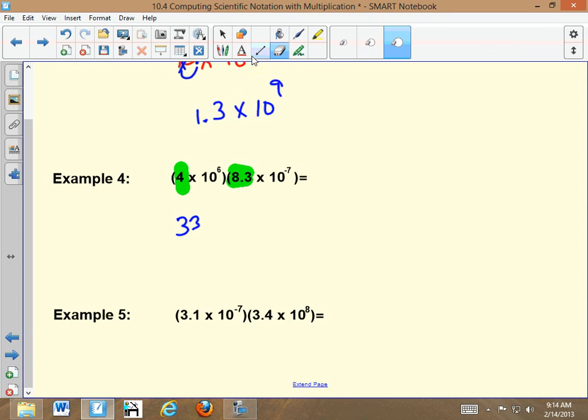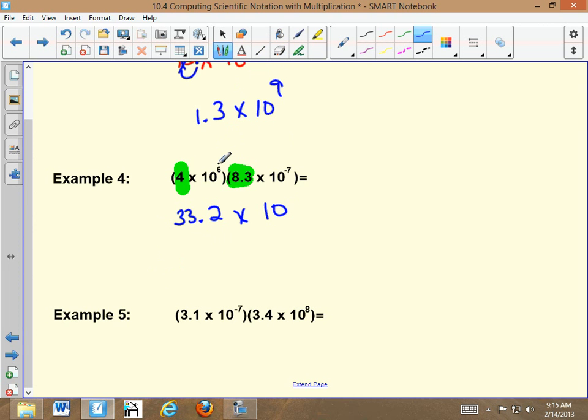Whoa, I got two different answers now. 4 times 8.3 equals 33.2 is the answer. Times 10. Now, all I do is I put these numbers in the calculator. And I can even go, if I want, 6 plus minus 7 equals, what does it tell you? -1. Very good.